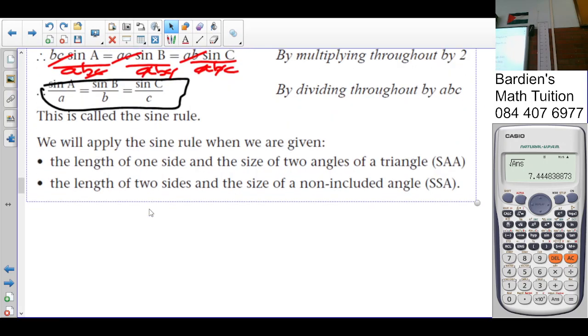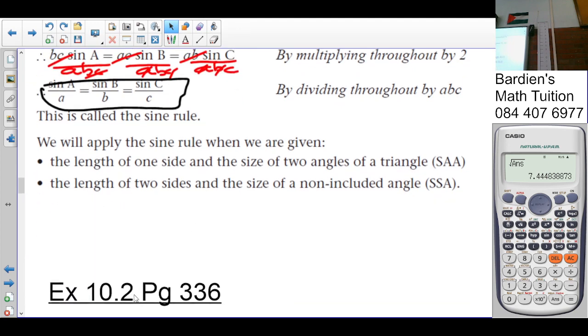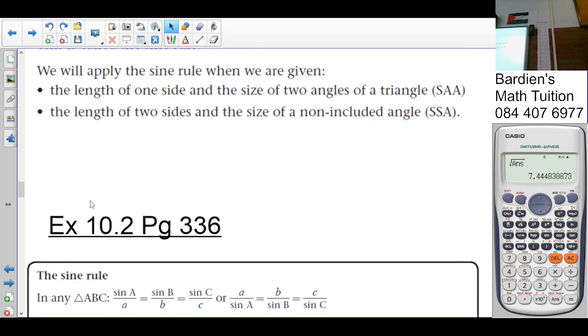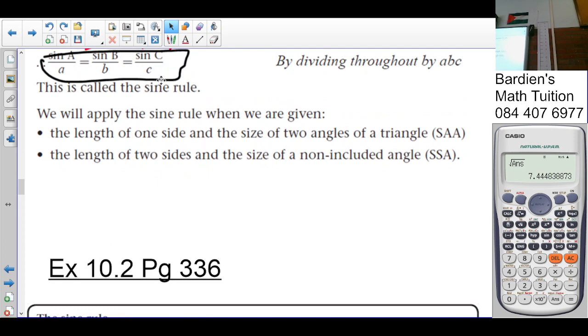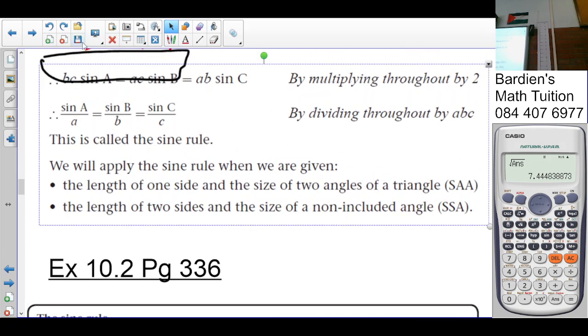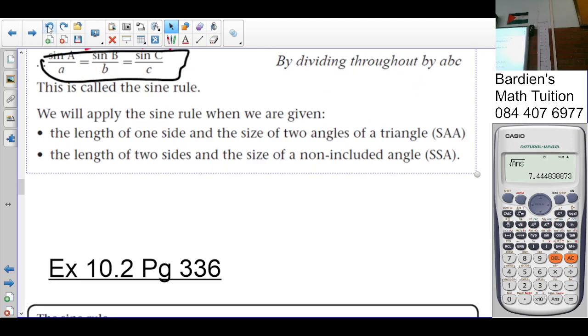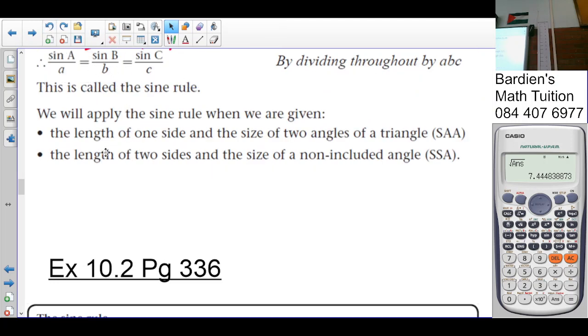Okay, just confirm that. So write this down here, the sine rule. We will apply the sine rule when we are given the length of one side and the size of two angles of the triangle, or the length of two sides and the size of a non-included angle.